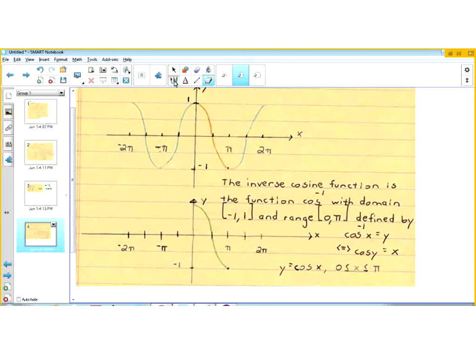So the graph shown in green is the principal cosine, written uppercase C, of x. Okay, and then the domain of principal cosine x is from 0 to pi, and then the range is from -1 to 1. All right, so that's the principal cosine part.